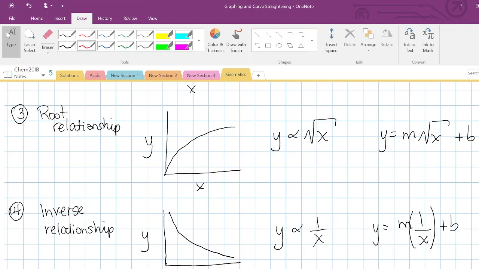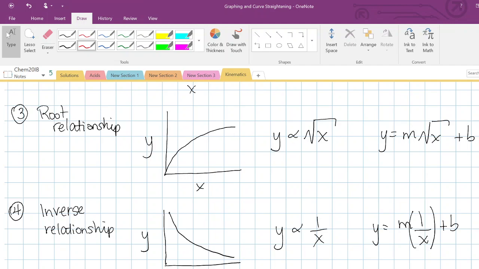And as we move further along our x-axis, that slope gets less steep, and it kind of flattens out on us. And the proportionality statement that we arrive at when that happens is y is proportional to the square root of x. And if we translate this over to our equation of the line, this is the same as saying y is equal to m times the square root of x plus b.